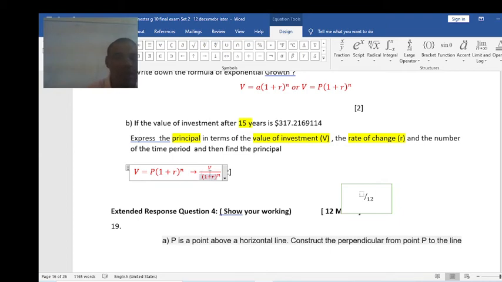This, my learners, is P. P equals, and then you will just substitute.